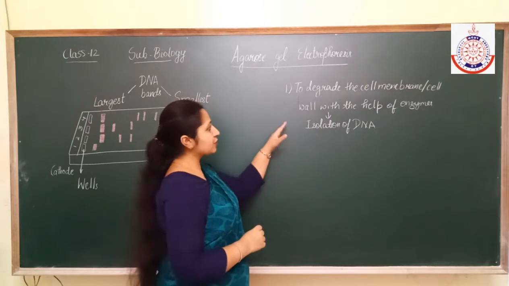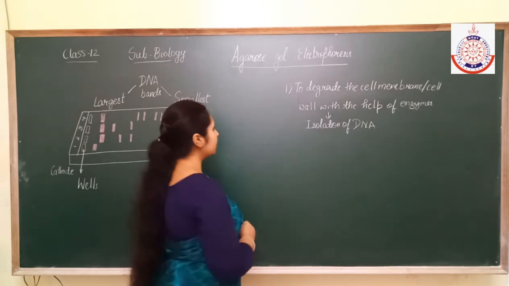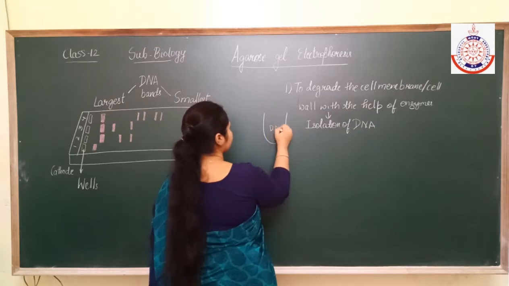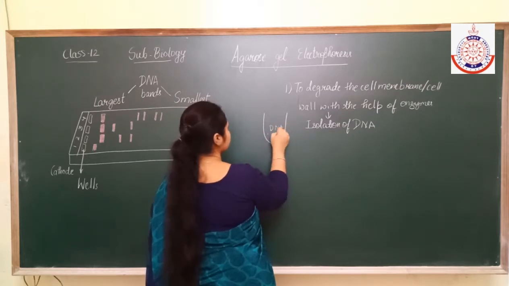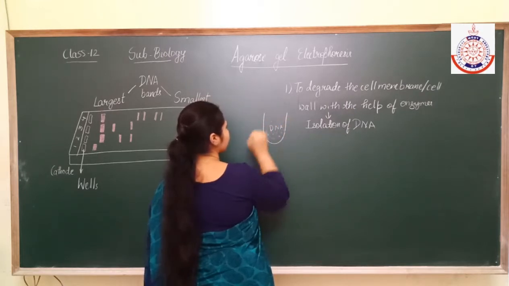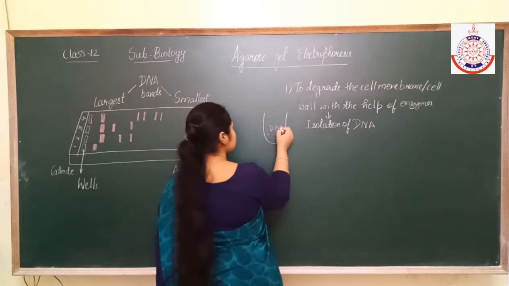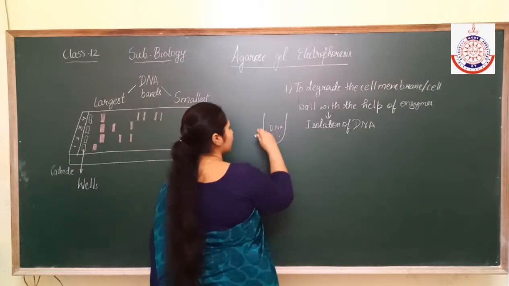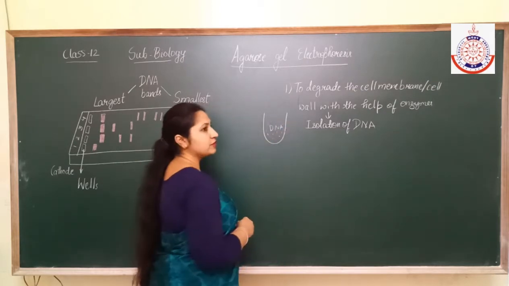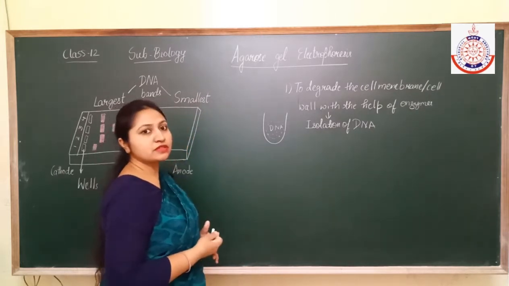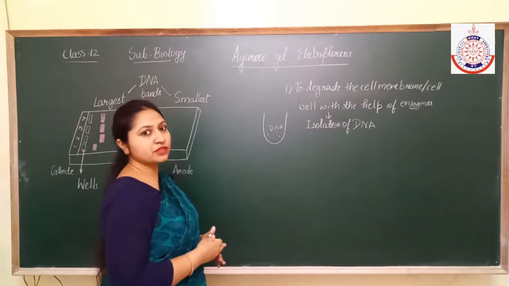Now after the enzyme action, what happened? The DNA fragment is mixed with the other fragments of the cell. So how will we separate this DNA from the other substances of the cell that are also present with the DNA?